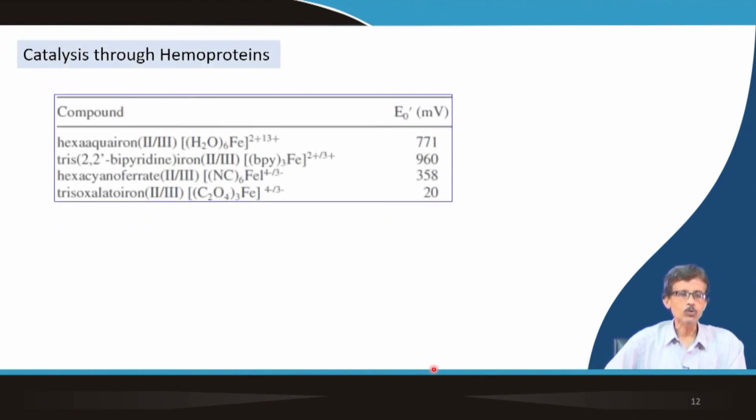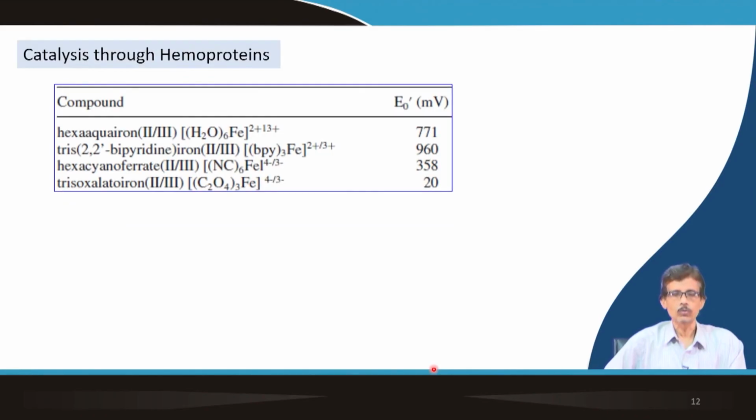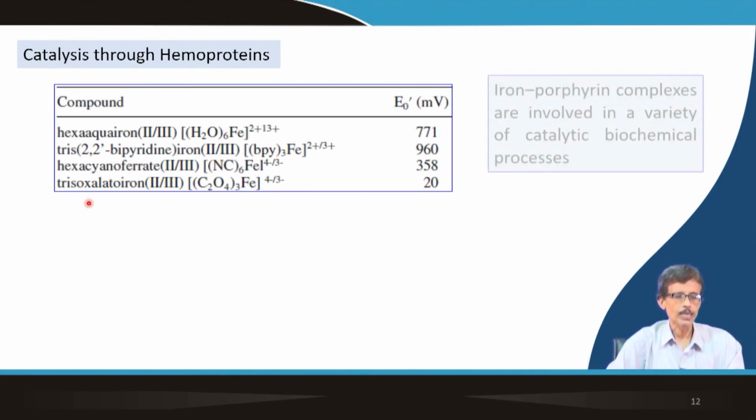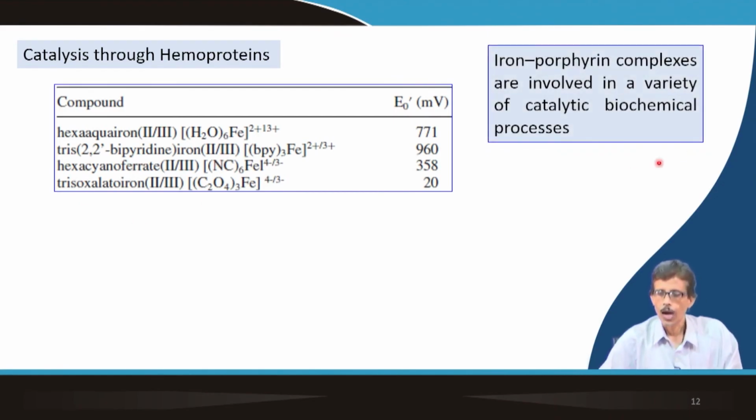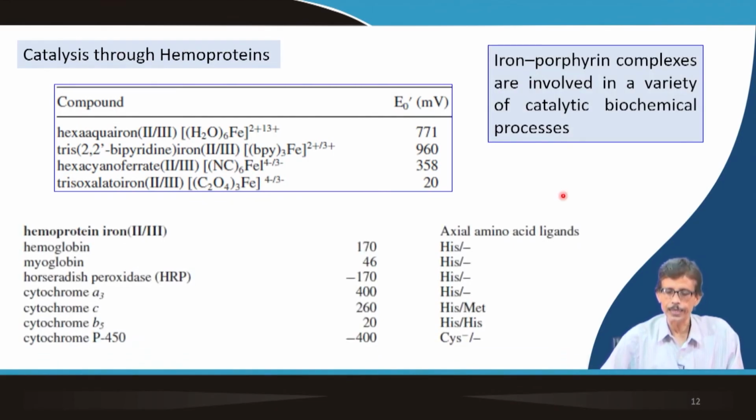We can also have the biological molecules where heme proteins will be used, with their E0 values, and we will consider this with respect to your hexa-aqua iron species. The first one is your hexa-aqua iron species. How can we go for the other ligand bound species, the hexacyano, the tris-oxalato iron and all these? Iron porphyrin, the heme protein, can also be involved in catalytic biochemical processes.